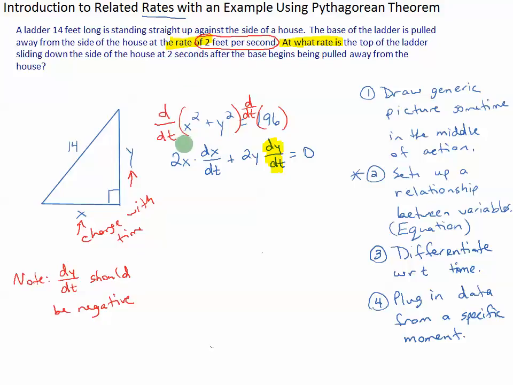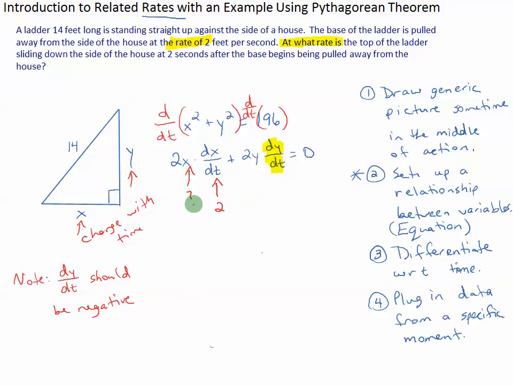Okay. It's also very important when you solve these problems that all of your units match. So every place you look in this problem, your distances should be feet and your time should be seconds, and they are already for us, so we don't have to worry too much about that. So we know dx/dt is 2 feet per second. It's a rate, 2 feet per second.